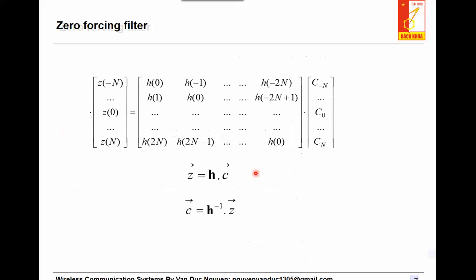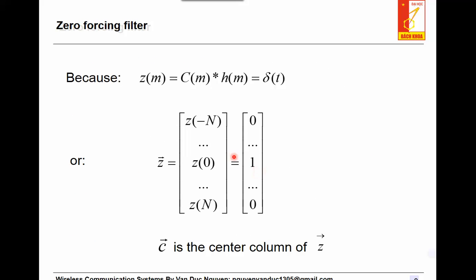In this case, the set is the output, the convolution of the filter coefficient with the channel coefficient. That's a direct input.